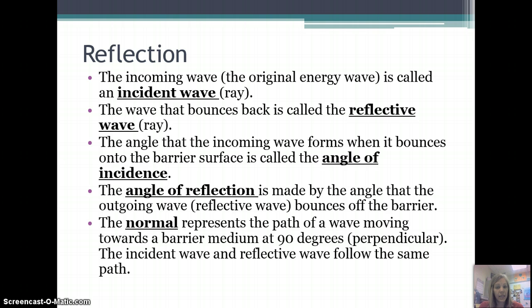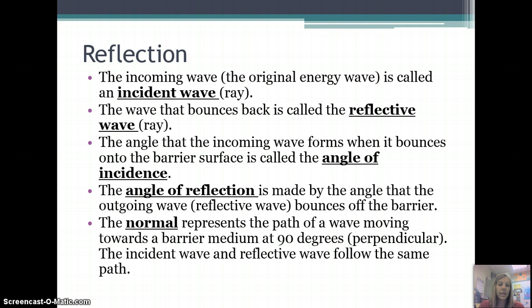The angle that the incoming or incident wave bounces onto the barrier surface is called the angle of incidence. Again, I remember this because the wave that's coming in is called the incident wave, and the angle of incidence measures the angle from the normal to that wave.